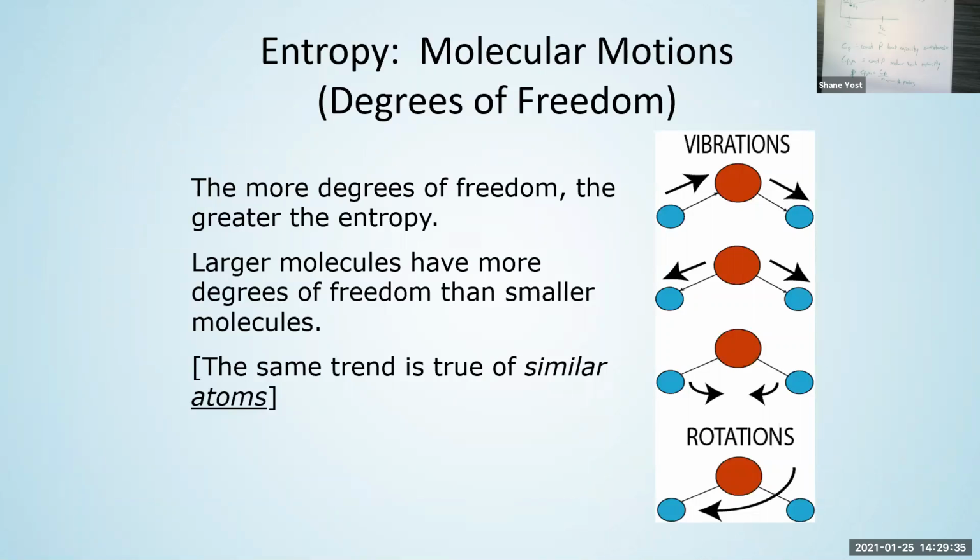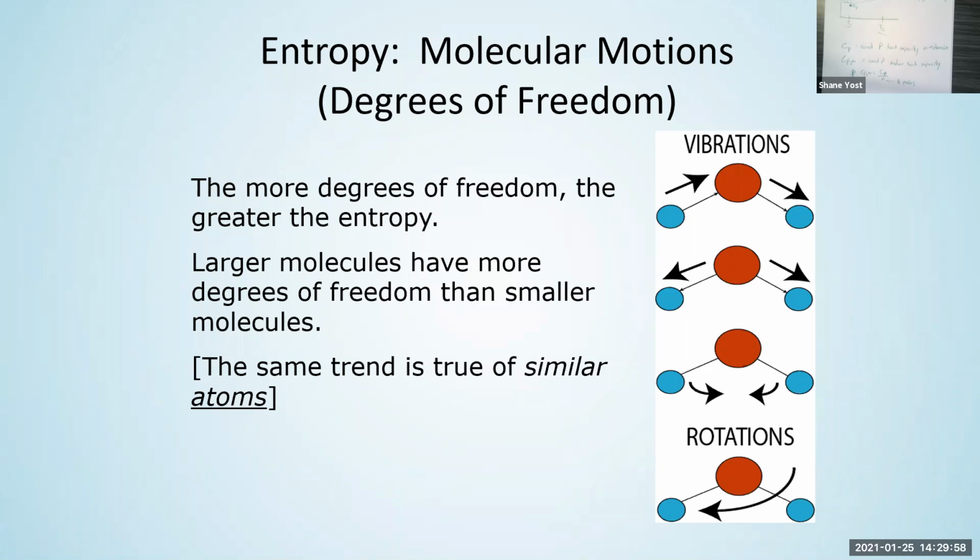Different ways that energy can be stored in your system is through vibrational motion and rotational motion. The larger your molecule is, the more different types of vibrational motion you have. So the more potential entropy that molecule has compared to some smaller molecule, because there's more different ways to disperse its energy.